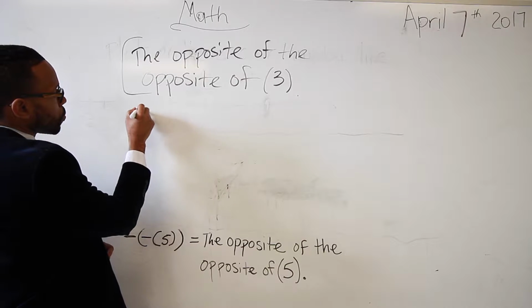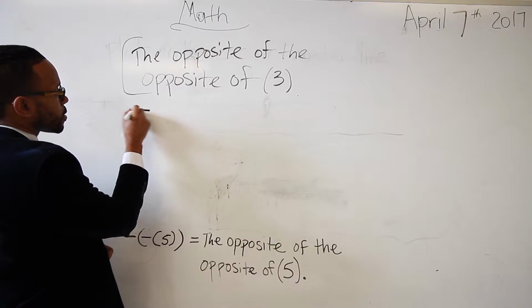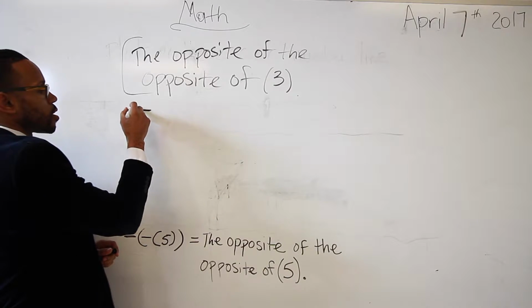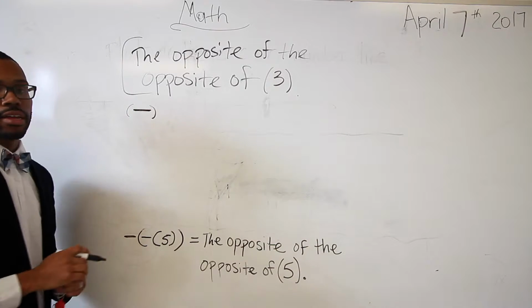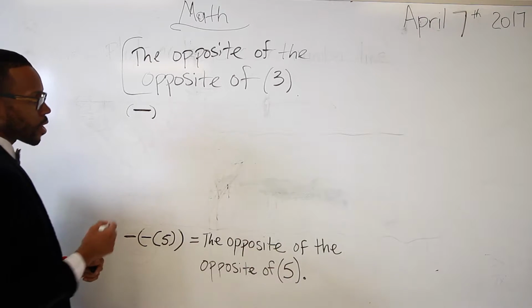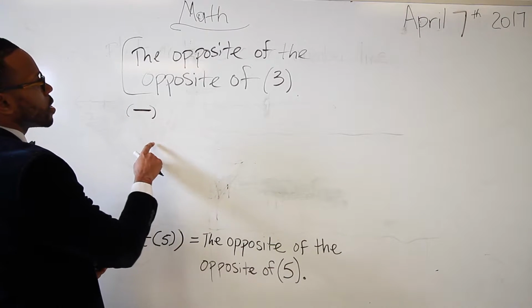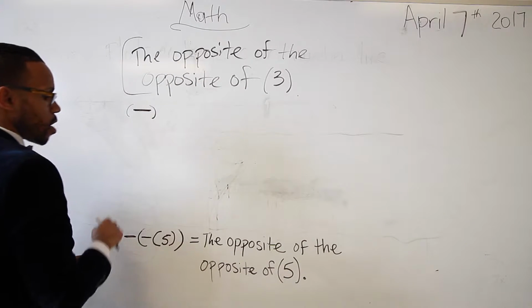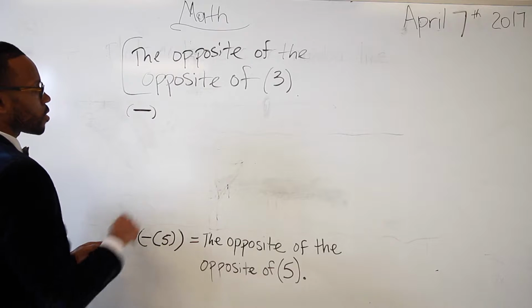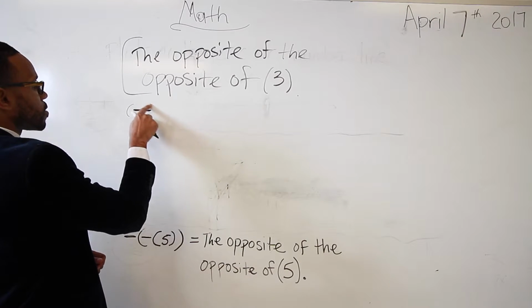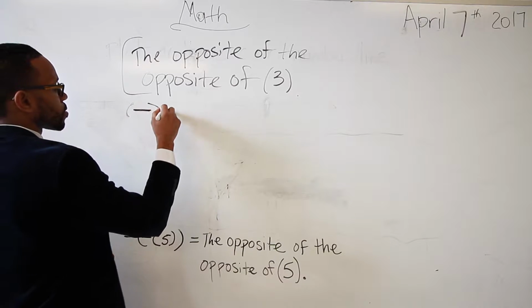So remember we went over in class that this dash here is used as our symbol for the opposite of a number, okay? So when I say I want an equation that shows me the opposite of 3, what will that look like? Okay, so this is the opposite, right? This is the opposite symbol.